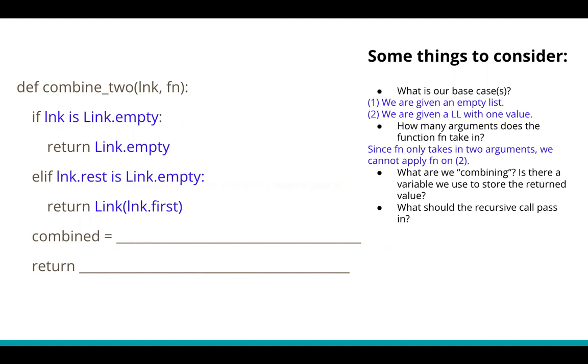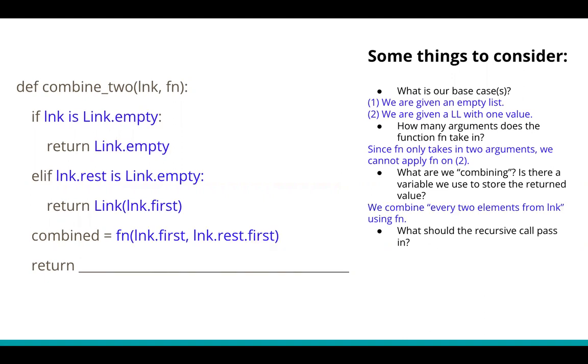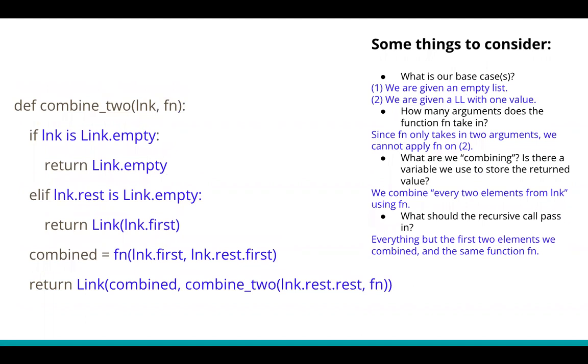So these are 2 of the most common base cases when working with linked lists. Either we check that the list itself is empty or the rest of the list is empty. And here's our recursive call with combined. Similarly to the previous problem, we apply the function onto link.first and link.rest.first.